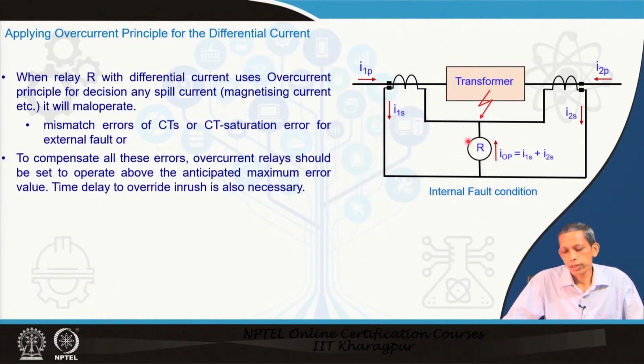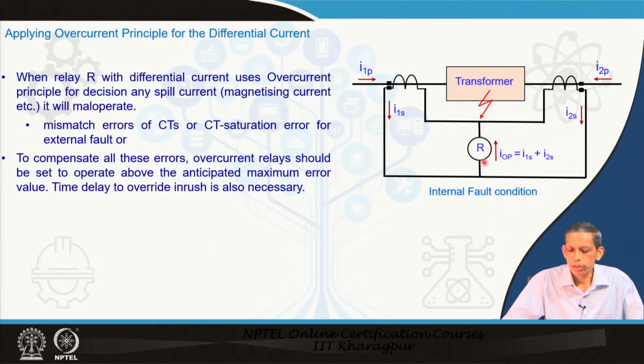So, by simply adjusting the amount of current in this branch, the protection scheme can identify that this is an internal fault. For any external fault, this current, I1s plus or minus I2s, becomes close to 0. So, the current in this differential branch will be significantly low, ideally 0.